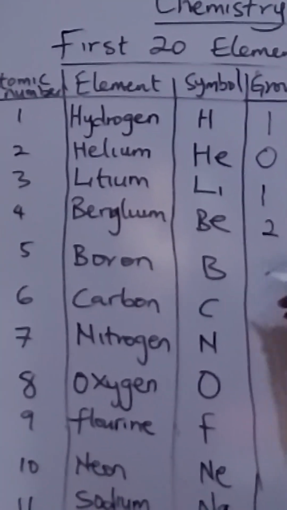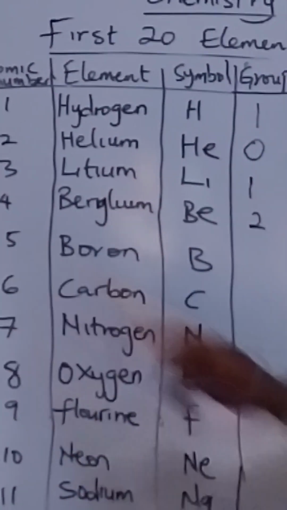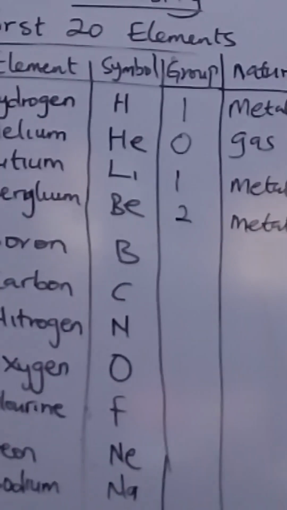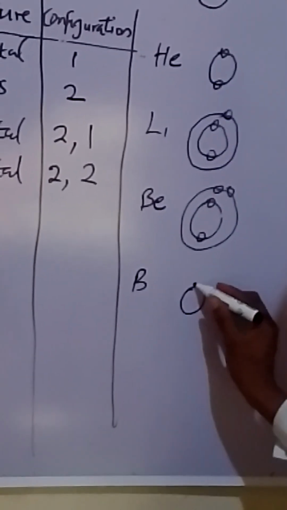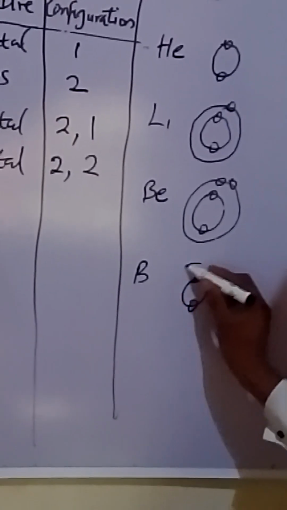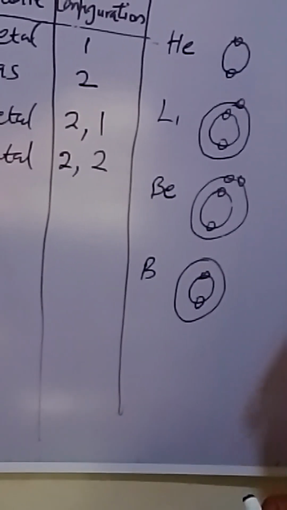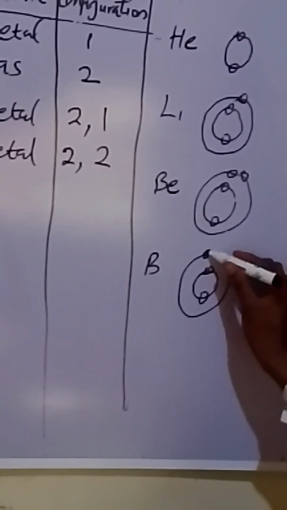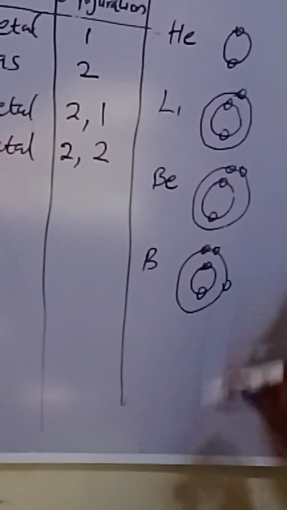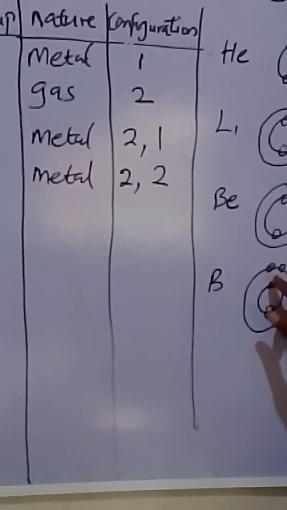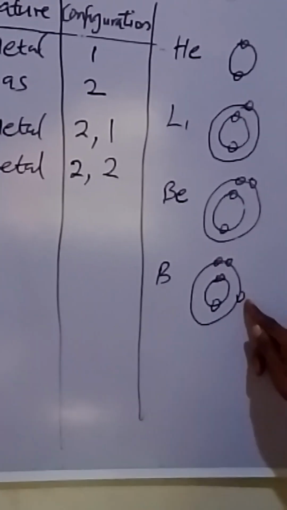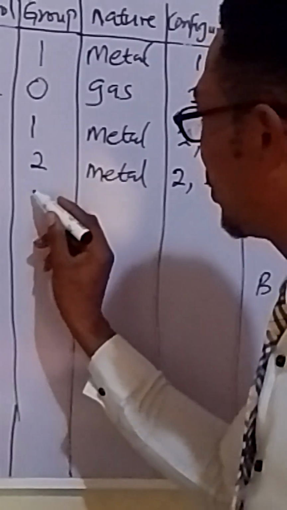For boron, we have 5 electrons. And so look at how boron looks like. The first shell is filled with 2. So how many is remaining out of the 5 now? 3. So this is how boron looks like. And because it has 1, 2, 3, it means that it will be in group 3.